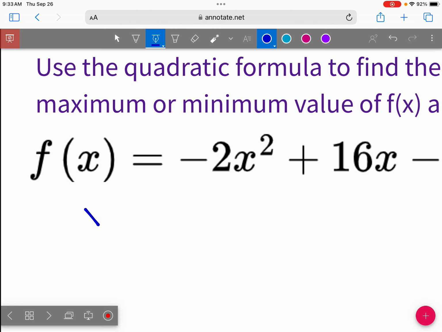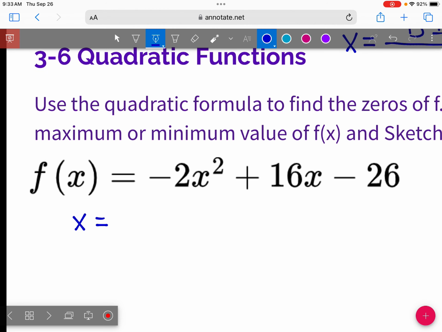So looking for our roots. I know a lot of you started flying through this one as soon as I put it up here. When we're working with our quadratic formula, what are we getting here? -16 plus or minus square root.